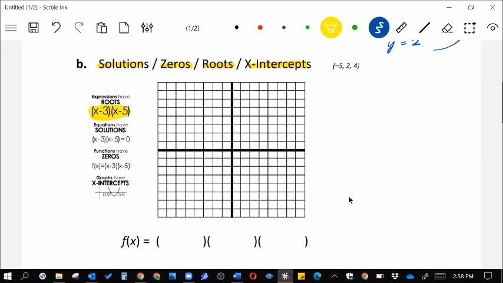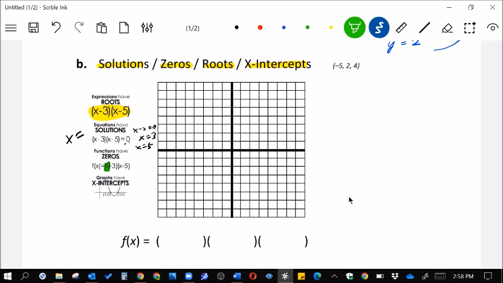Now, solutions means one more step than this, separating them: x minus 3 is equal to 0, x is equal to 3, and also x is equal to 5. So you can find the solution by saying x equals. Zeros are the numbers that would make it 0.